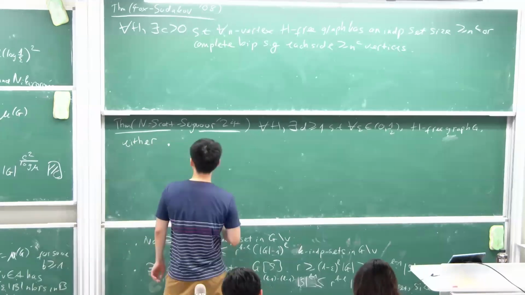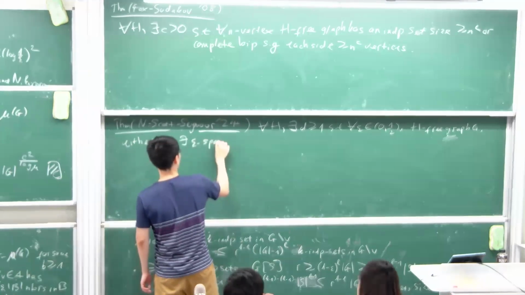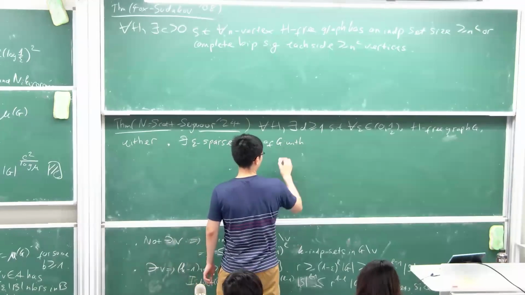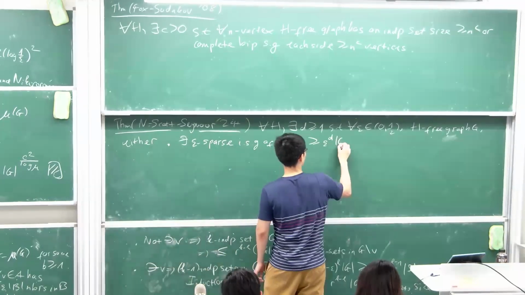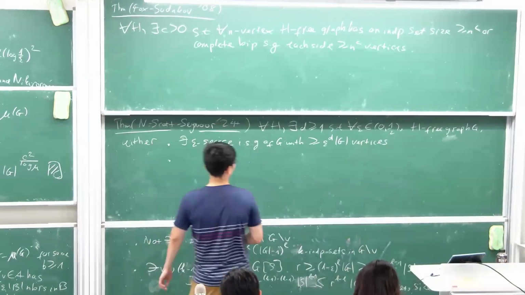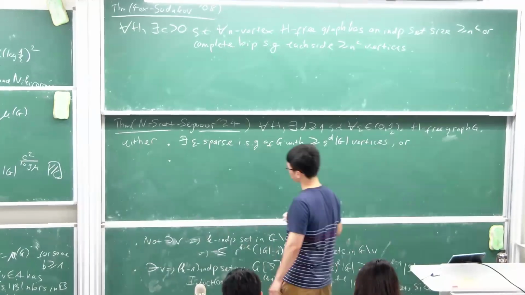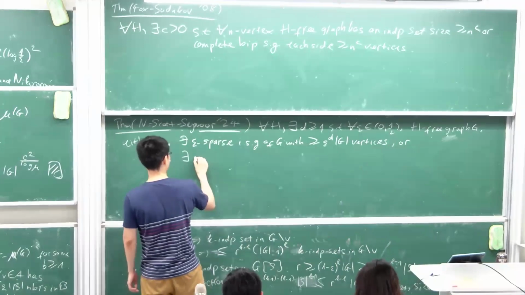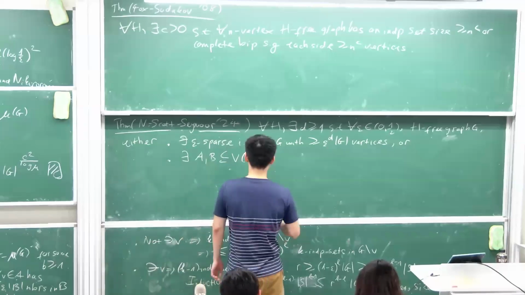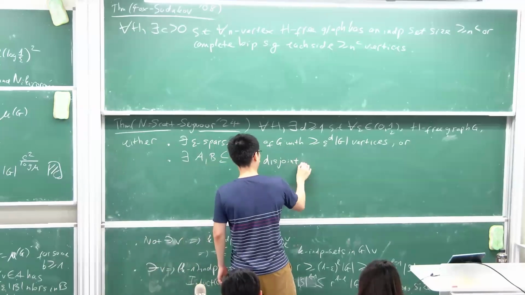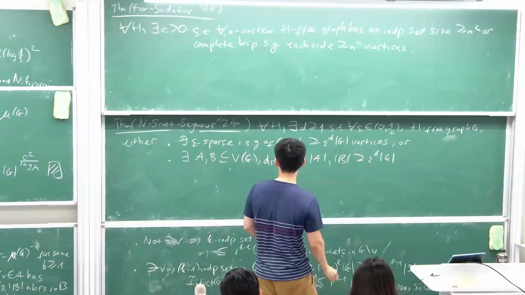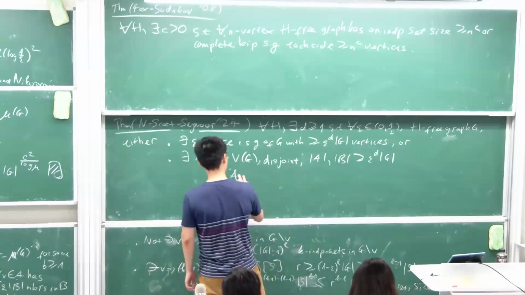The first outcome is that there is an epsilon-sparse induced graph G with at least epsilon to the D vertices, or there exist A and B disjoint sets that make up an epsilon fraction of G, and such that the pair is epsilon dense.